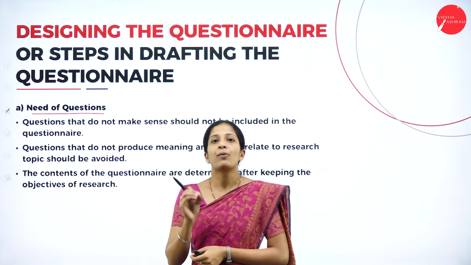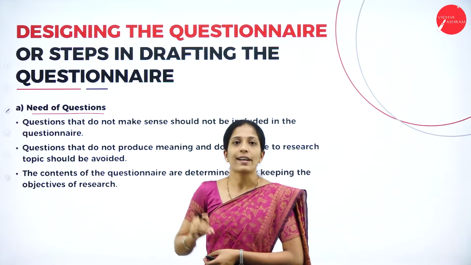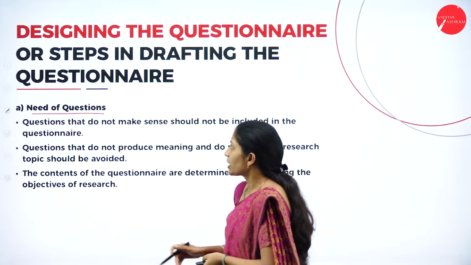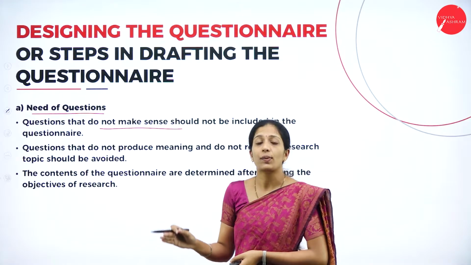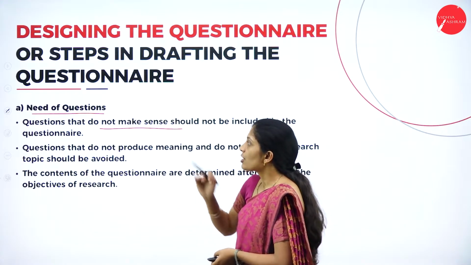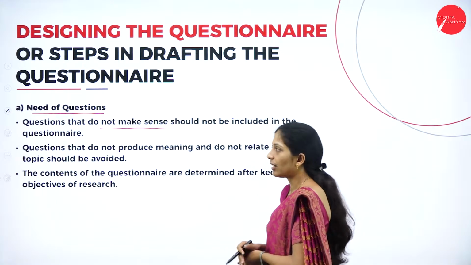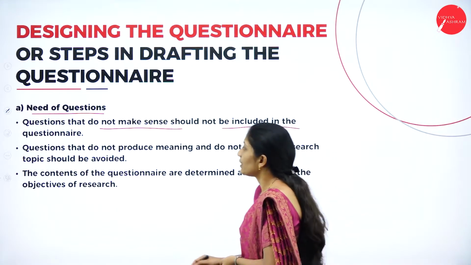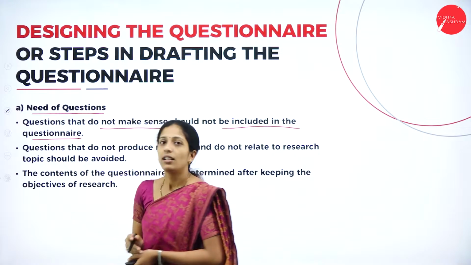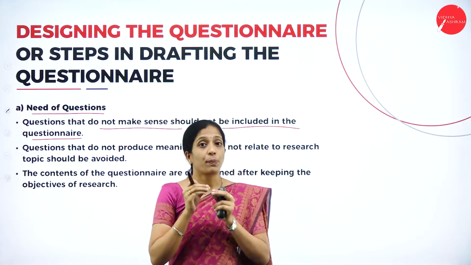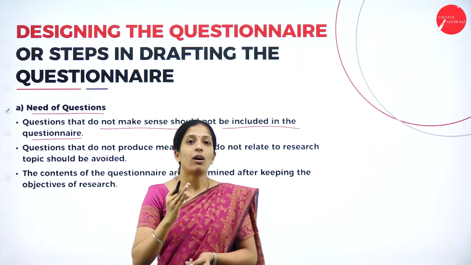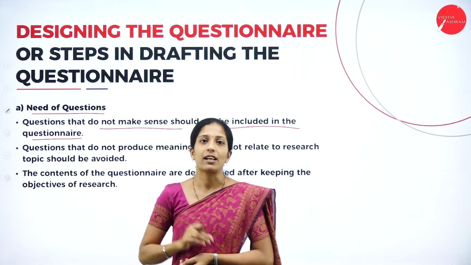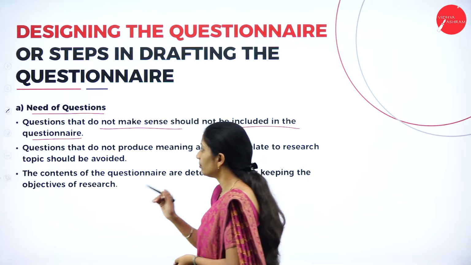Only important questions have to be recorded in the questionnaire. Questions that do not make sense, the unwanted questions, should not be included. Only important questions pertaining to that particular topic have to be included.